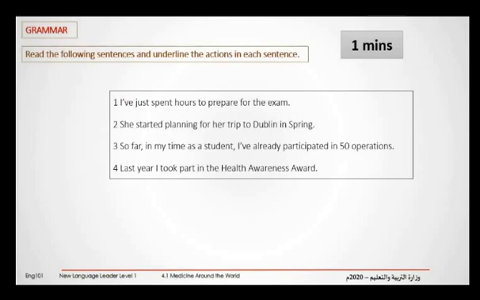Look at our first activity. Read the following sentences and underline the actions in each sentence. You've got 1 minute to go through these 4 sentences and try to figure out the actions.